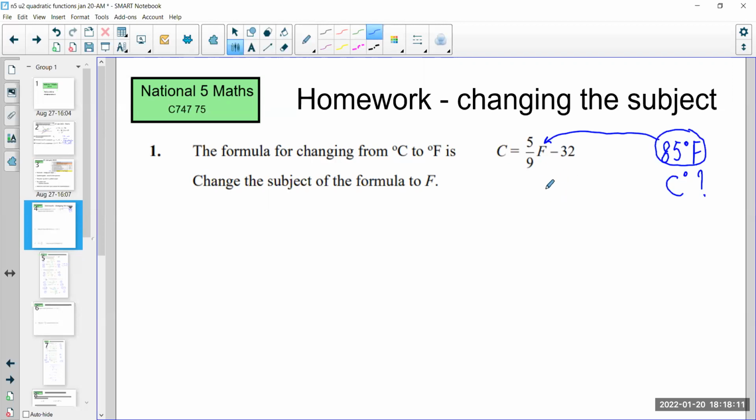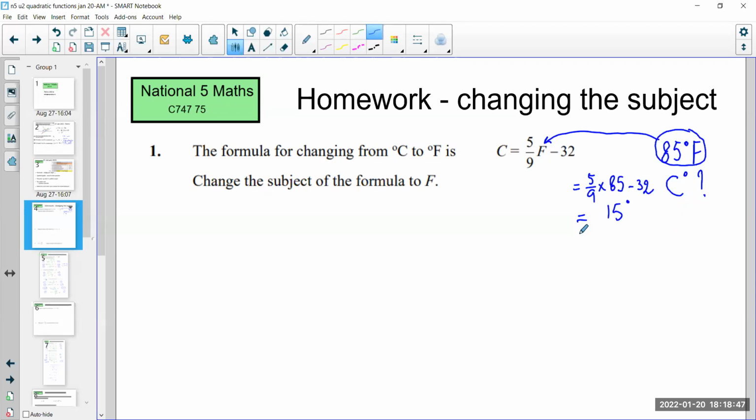If I do 5/9 in my calculator, times 85, and then take away 32, my calculator gives me 137. Oh, that's a bit cold. 137/9, which is 15.2 degrees. So 85 is quite cold.